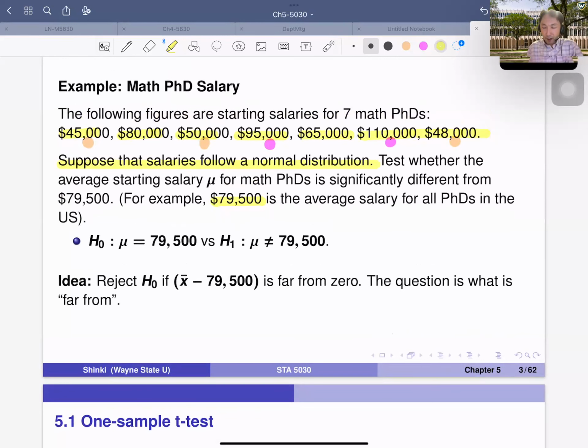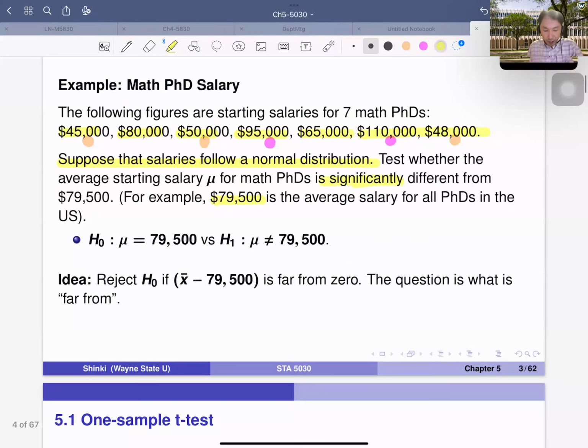If it's not normal, we can transform by some function to make it normal, and test whether the average starting salary for math PhDs is significantly different from 79,500. So here, the null hypothesis is that in this department, the math PhD salary is 79,500, and the alternative is that it's not.